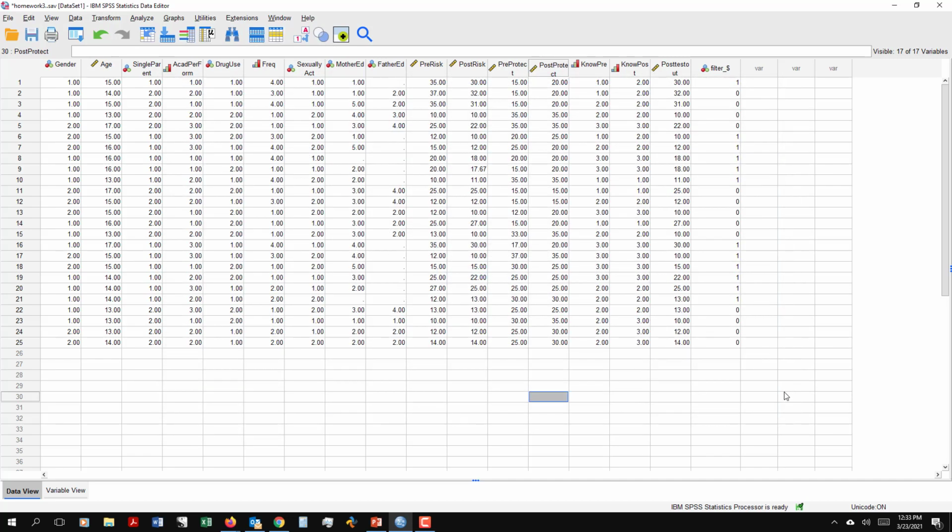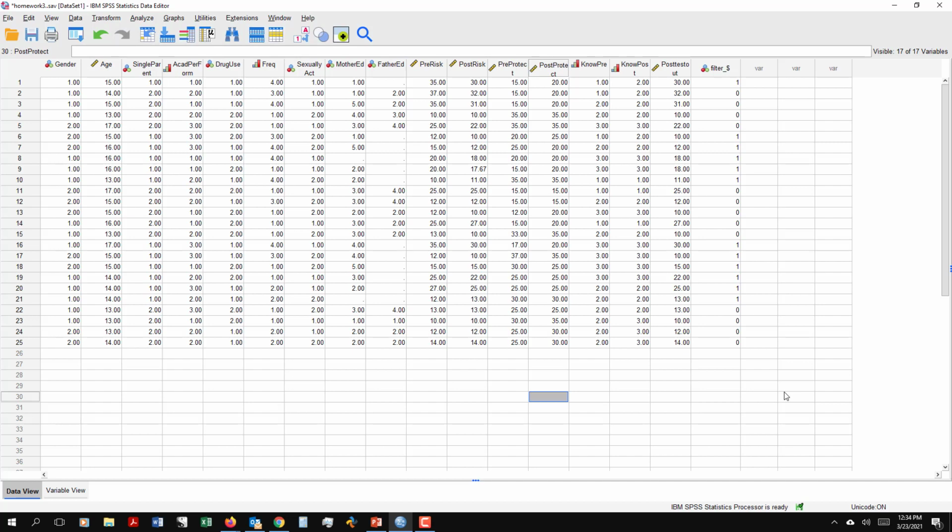So what I wanted to show you there was your descriptives, how to replace an outlier, how to select cases so that you can run different relationships between those variables. But what we were most interested in here was the dependent samples t-test, the pre and the post, to determine if there was a change.